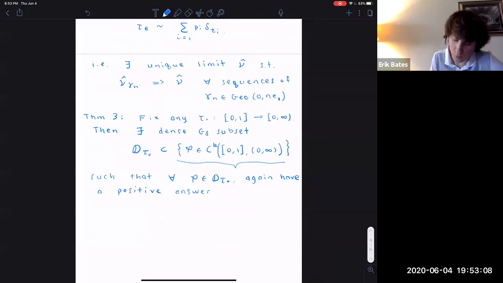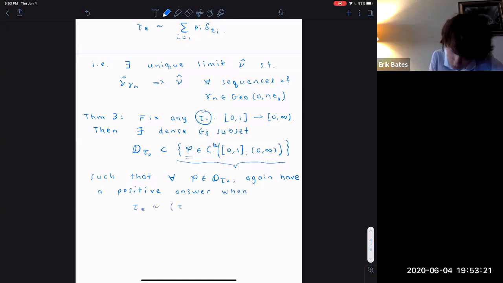When I perturb this tau naught function by one of the guys from the specific set. So when the edge weights tau e are distributed according to, well, take your original tau naught function, add this perturbation function phi, which is k times continuously differentiable, applied to a uniform random variable.